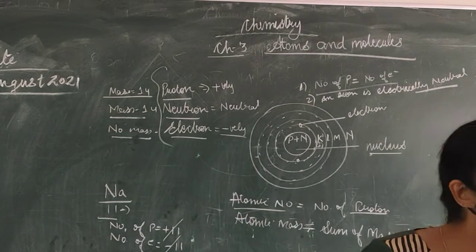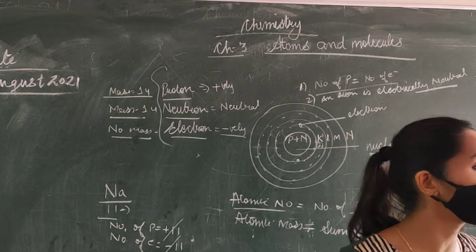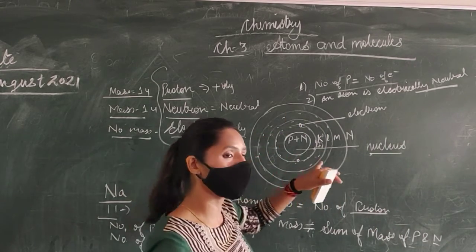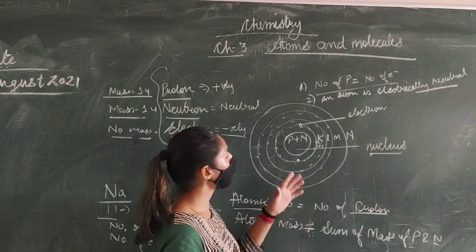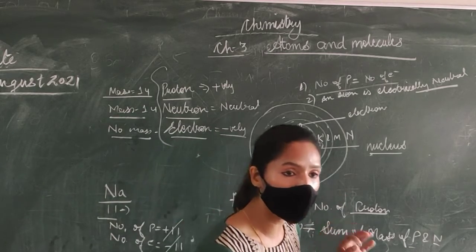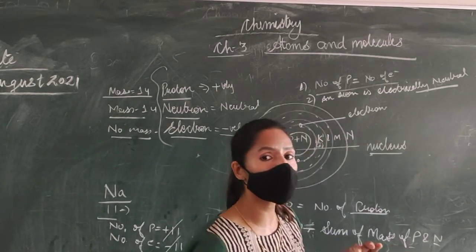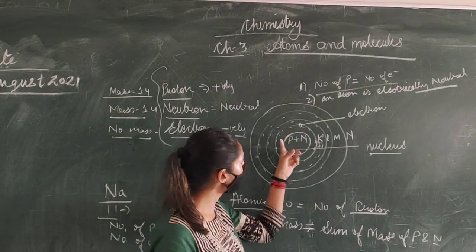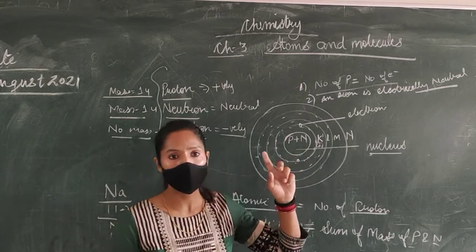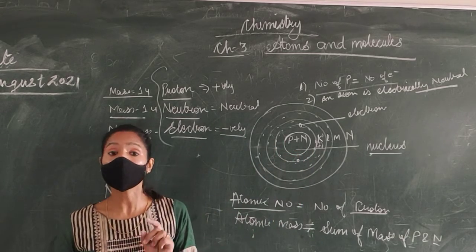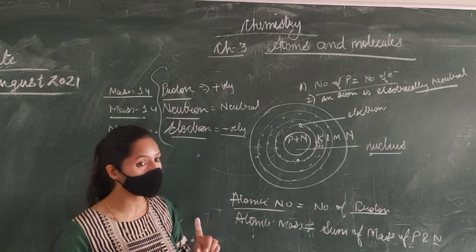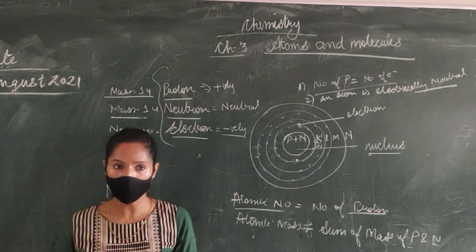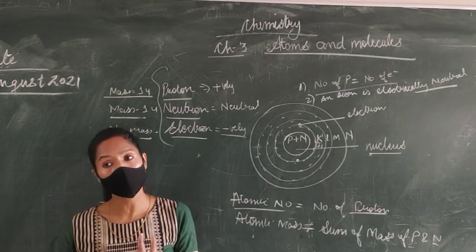So why would it react? It reacts because in the structure of the atom there are energy shells, and every shell has a specific accommodation. The first shell, which is the K shell, can hold a maximum of 2 electrons.